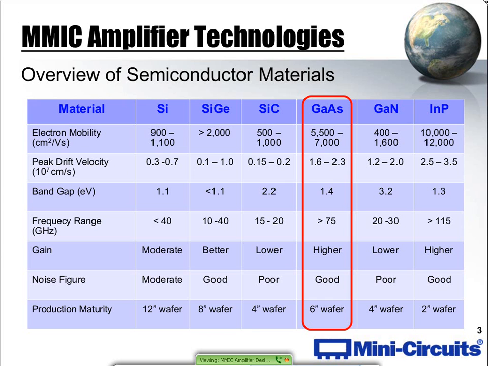And your minimum foundry costs are extremely high compared to some of the other options in GaAs or SiGe. The other thing is your minimum order sizes are very, very large.